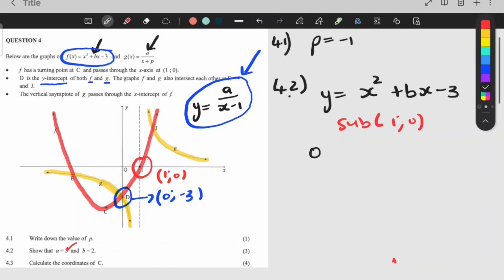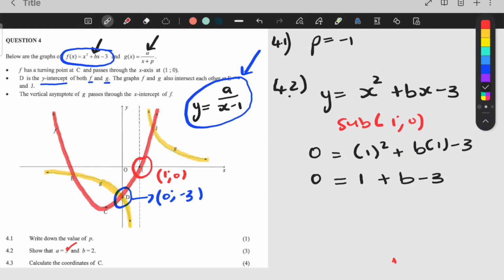So my y becomes 0. My x becomes 1. 0 equals 1 squared plus 1b minus 3. So b is equal to negative 1 plus 3. So I get b to be 2. And there b is 2.